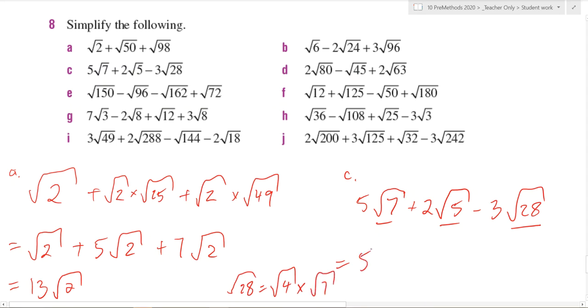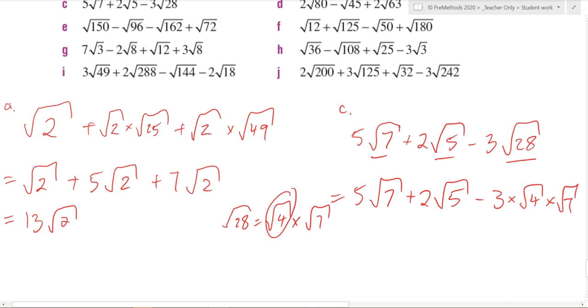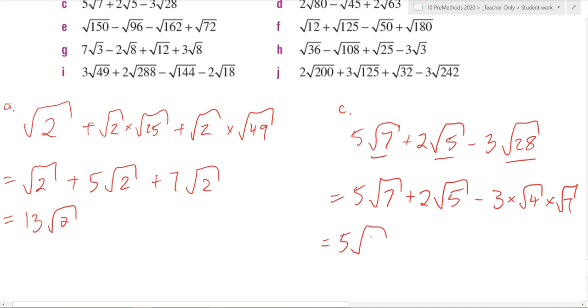So the 3 stays the same, square root 4 becomes 2, and square root 7 stays the same.